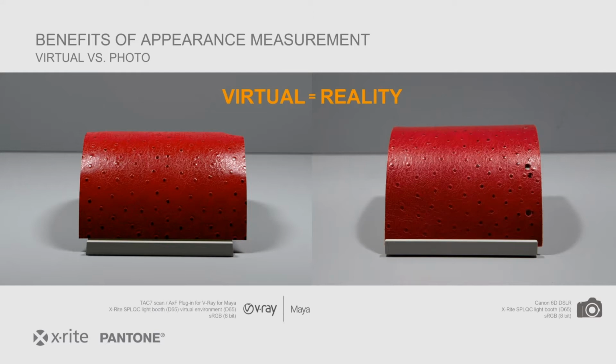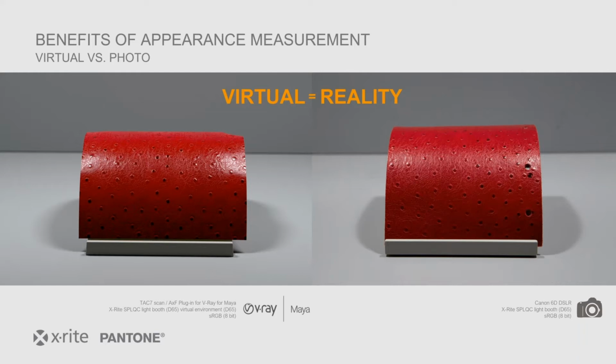One of the important things for us, and we use this method to help validate, is using camera and our SPLQC light booth, and then we recreate that virtually or digitally, in this case using the software Maya with V-Ray as the rendering engine to do a comparison.